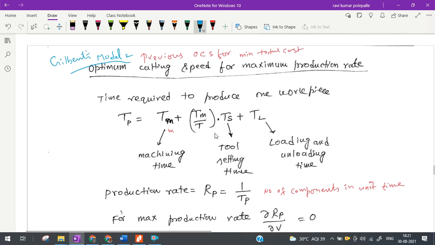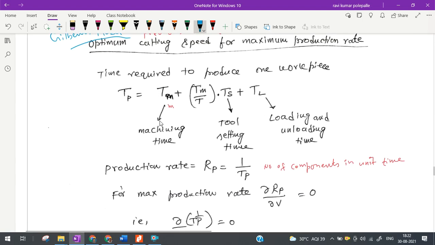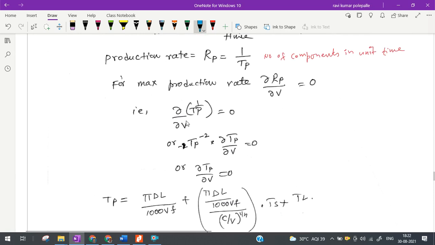In this context, we have to consider the time required to produce one workpiece. TP, the time required to produce one workpiece, is equal to TM, the machining time, plus TM by T into TS, the tool setting time, that is machining time by tool life, plus TL, the loading and unloading times. Production rate, I write it RP, is nothing but the reciprocal of this TP. So for maximum production rate, I may write dou RP by dou V equal to 0, so dou by dou V of 1 by TP is equal to 0, right?